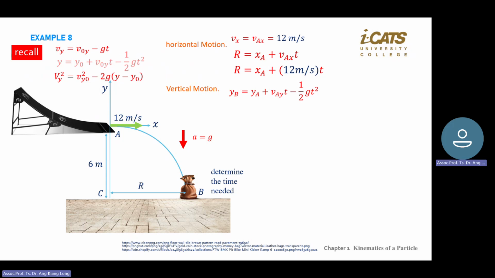You look at this one as Cartesian coordinate. This one 0. What is your YB? You see this one as Cartesian. What is your YB? This is 0.